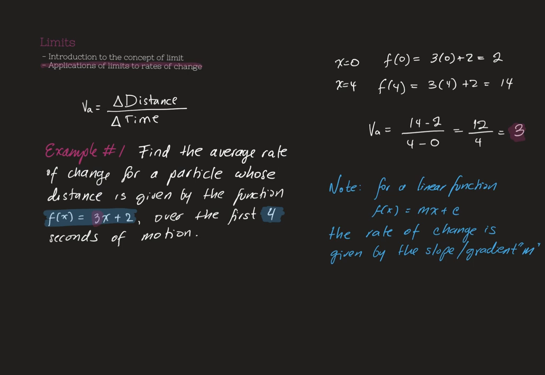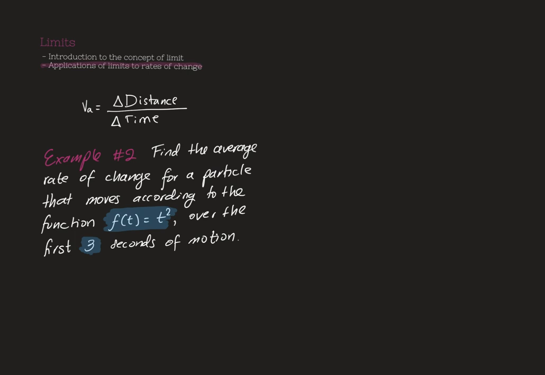Now let's look at a different example where we don't have a straight line. Our second example: find the average rate of change for a particle that moves according to the function f of t equals t squared over the first 3 seconds of motion. Similar to what we did before, we want to know where the particle is at time t equals 0 and at time t equals 3.